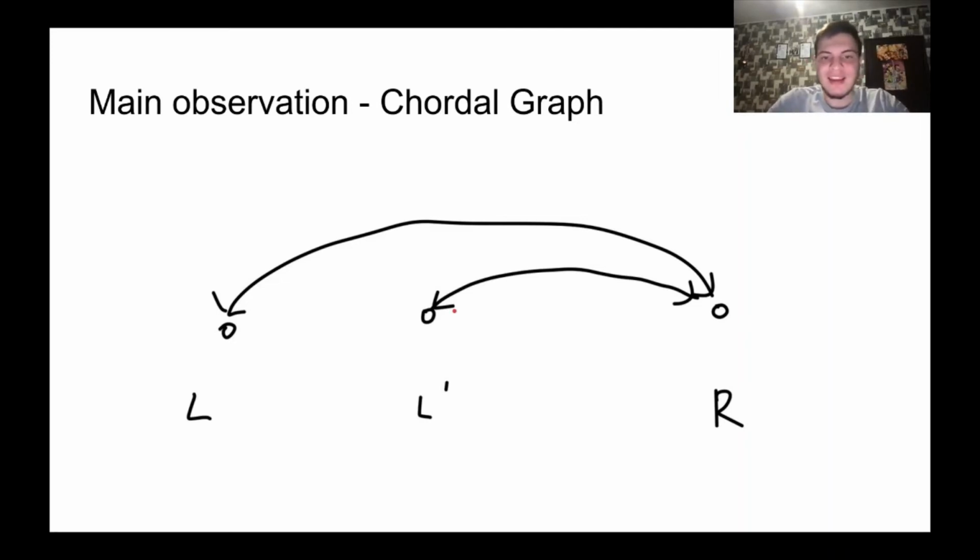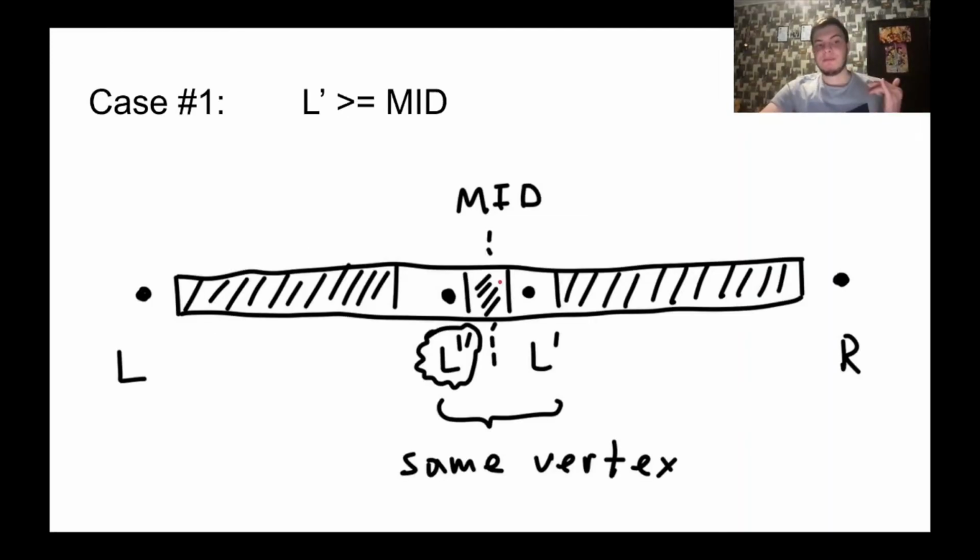Let's first consider the case where L prime is greater than mid, where mid is the middle of the range from L to R, or in other words, just L plus R over 2. Now that we have the middle, we basically want to show that if we have the edge from L prime to R and the edge from L to R, then we'll certainly also have the edge from L prime to L.